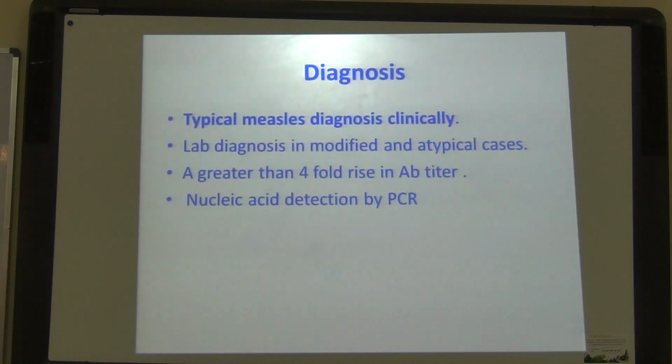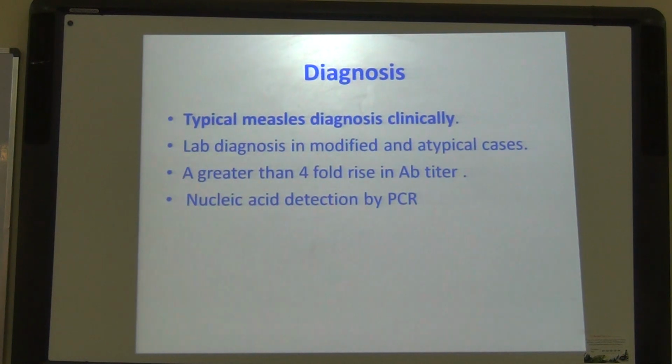So what is the lab diagnosis of measles? In modified and atypical cases, the diagnosis is a greater than 4-fold rise in antibody titer. Modified and atypical cases are those in which full-fledged clinical symptoms do not appear, and the patient is subclinical or asymptomatic.